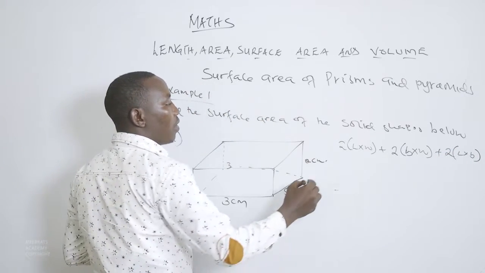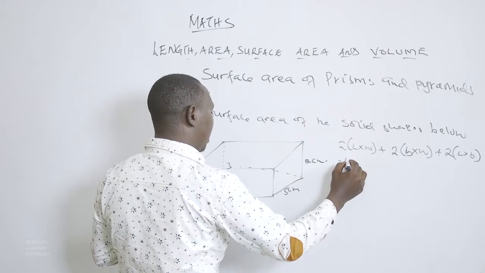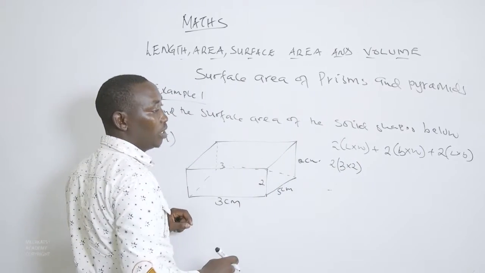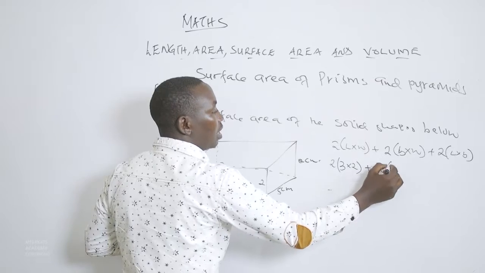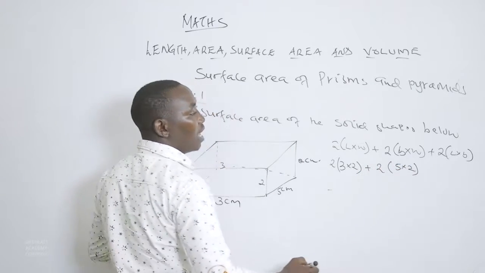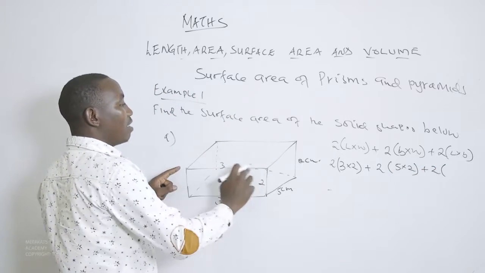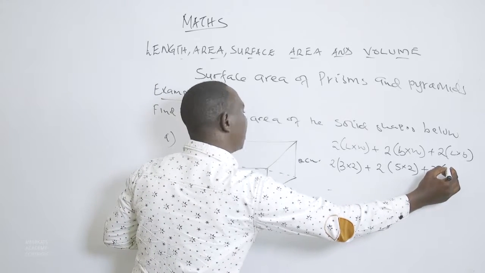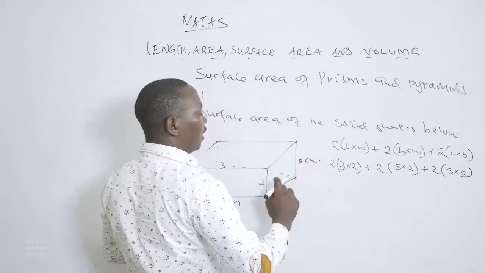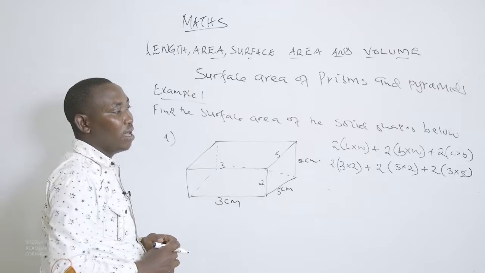So in this case, we're going to have 2 into length times width. That will be 3 multiplied by 2, because if this is 2, this is also going to be 2 centimeters, plus 2 multiplied by 5 by 2, that is the breadth and the width, plus 2 multiplied by the length and the breadth, that is 3 by 5. Because if this is 5, this is also going to be 5. So we have the top and we have the bottom.